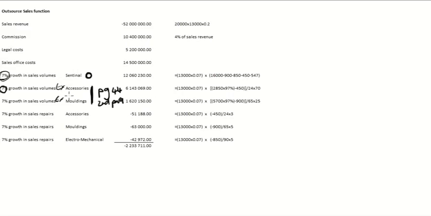And this makes sense because those external sales are linked to the sales of the Sentinel. There must be some relationship between those two. That is what the business model is.